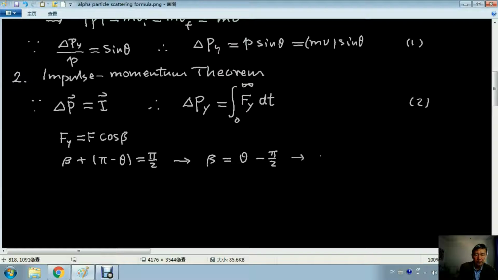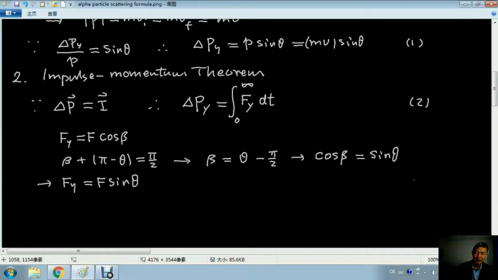That will lead to cosine beta simply equaling sine theta. So what we have is F y equals F times sine theta. The secondary angle, theta, shows up again. So this is equation 3.